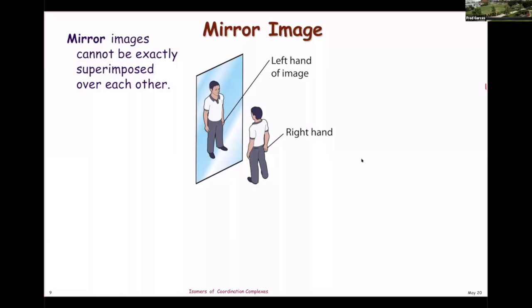So they're not superimposable. You can't put a left-handed glove on a right hand, in other words. That's what we mean by optical isomers. That's what we mean by non-superimposable. They are the same in space, it looks like, but they can't lay on top of each other.